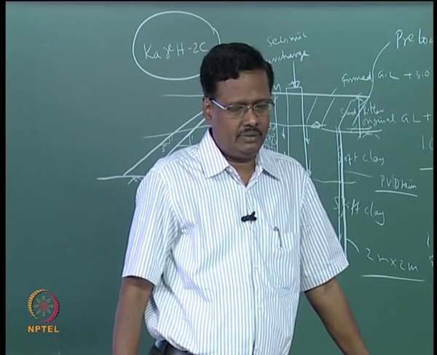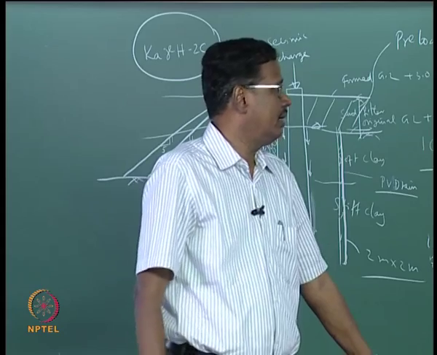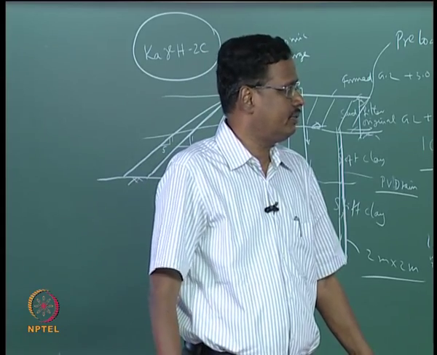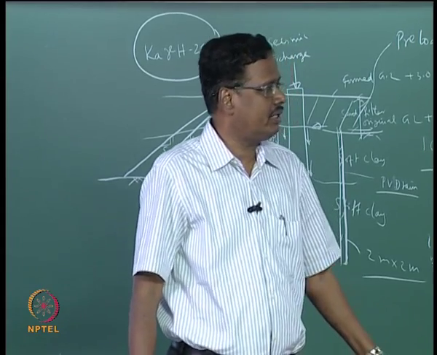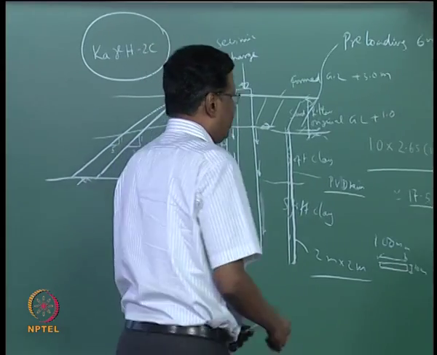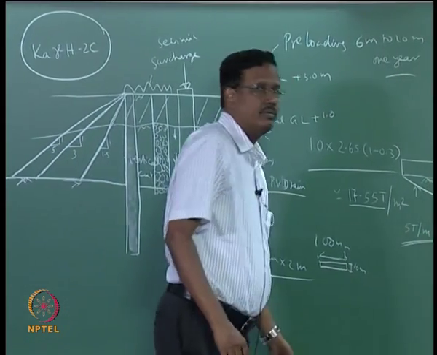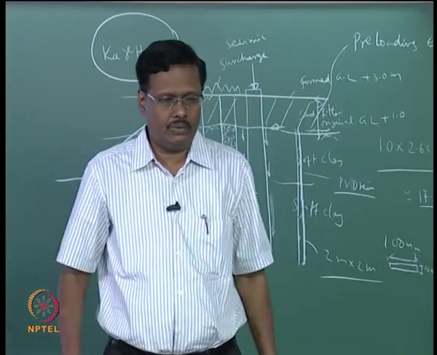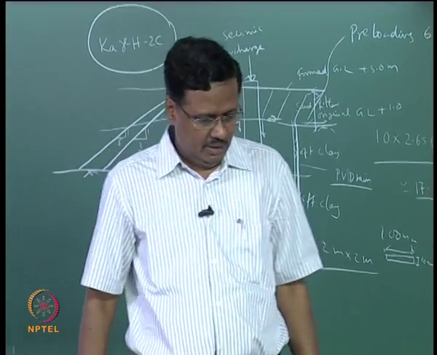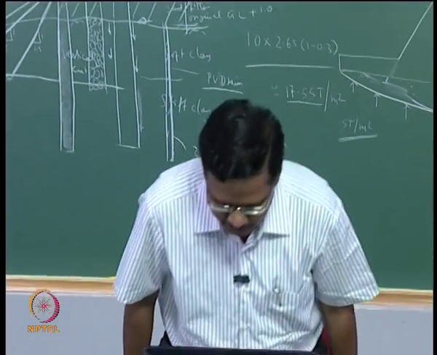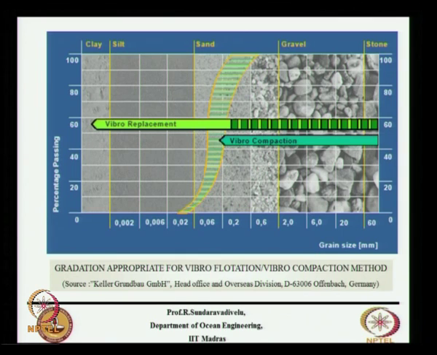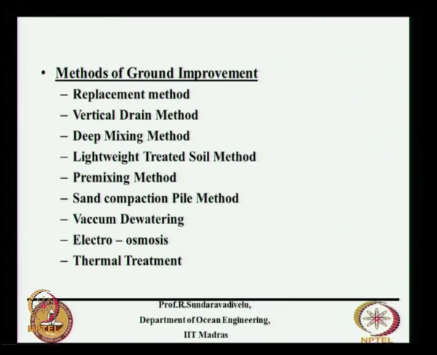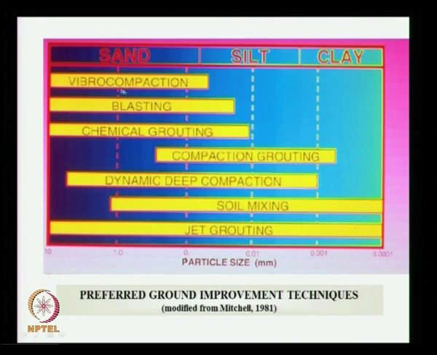Vibro compaction is where you just put some kind of a pile and do not replace it, you do some vibration so that the ground will get improved. These are the various methods by which you will be able to improve the properties of the soil. In many cases we may have to resort to this type of method, that is vibro compaction.